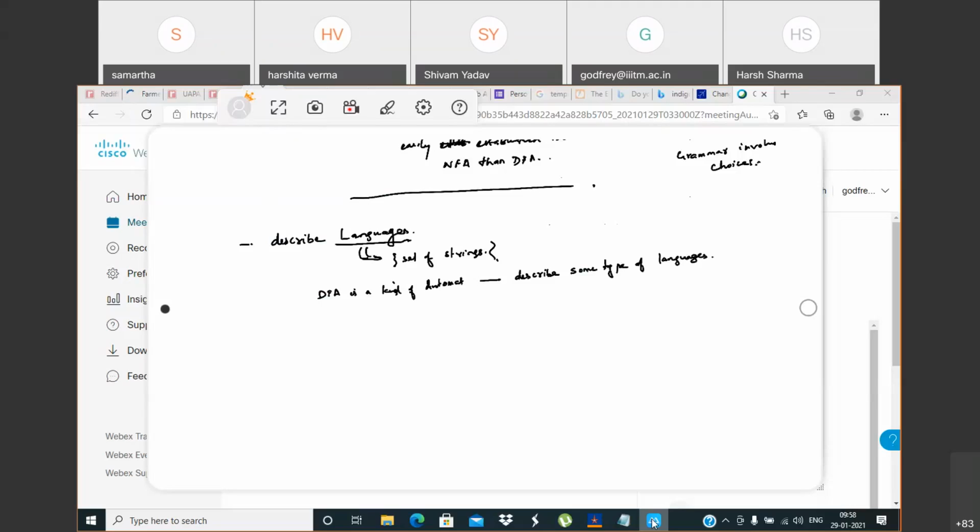An NFA is also a kind of automaton used to describe some type of languages.